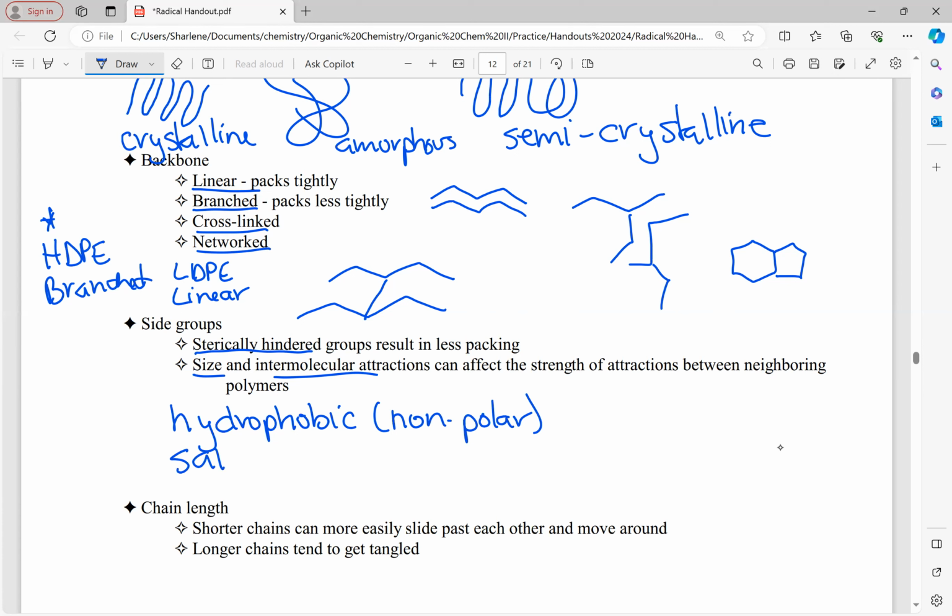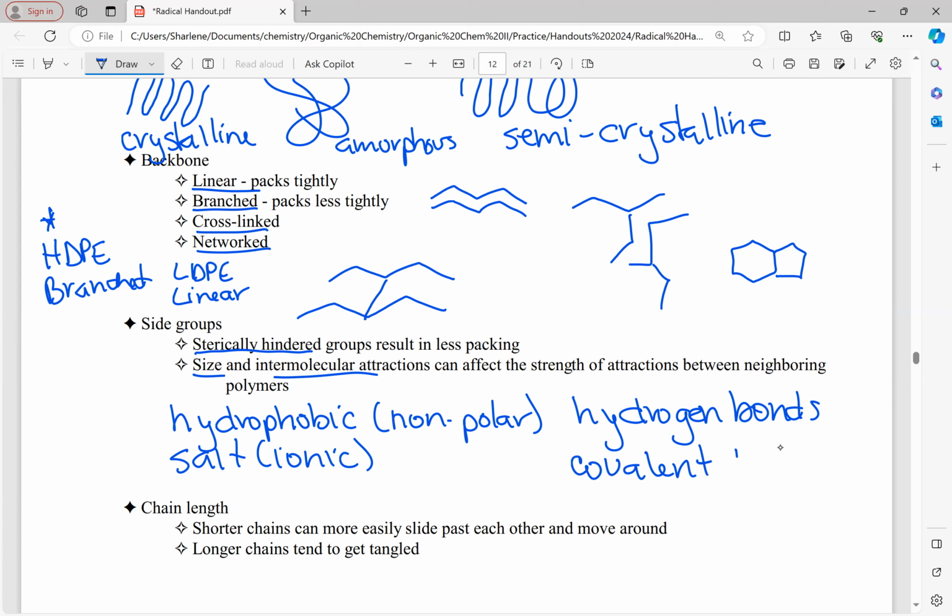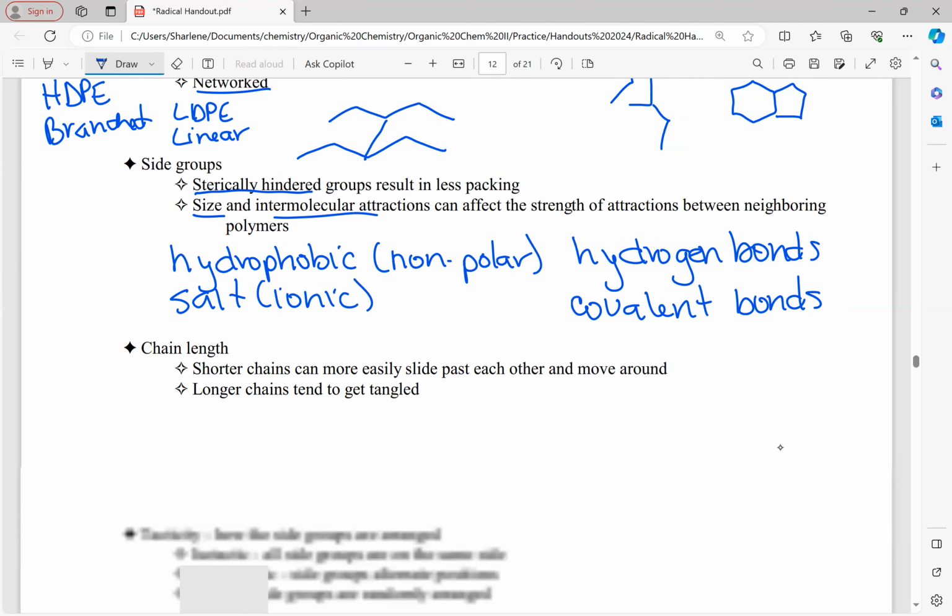You can have salt attractions, which is just an ionic attraction. You can have hydrogen bonds. And they actually can be linked together in covalent bonds as well. Okay, so the side groups will determine their size, but it can also determine how it interacts with its neighbors.